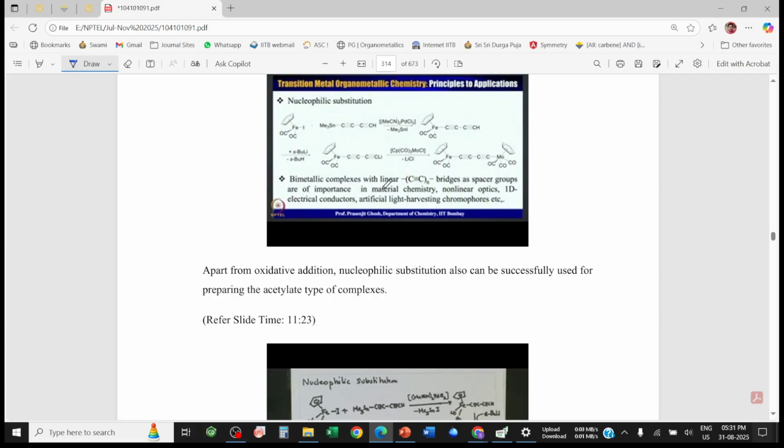Here these bimetallic complexes, because of the highly conjugated system, have a dense pi electron cloud that can conduct electricity. That's why this compound may be used as an electrical conductor.